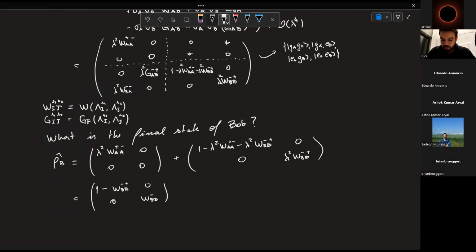Now, if you remember yesterday, also if you remember this, the excitation probability. So in the end here, we compute this excitation probability, right? We compute the final state of Bob.